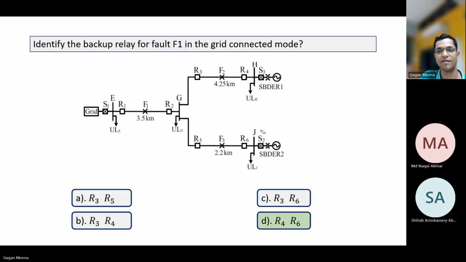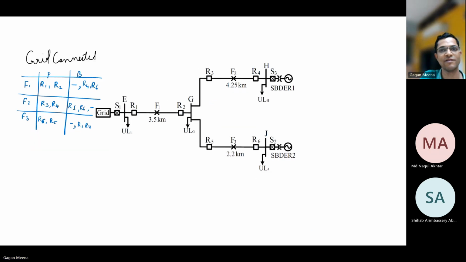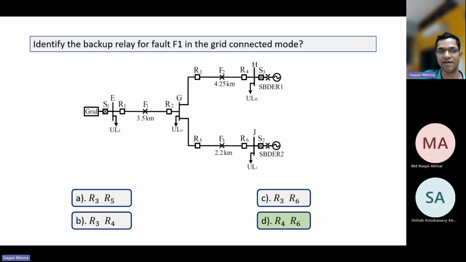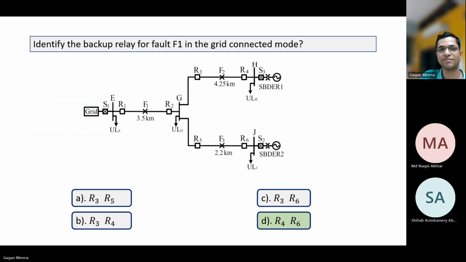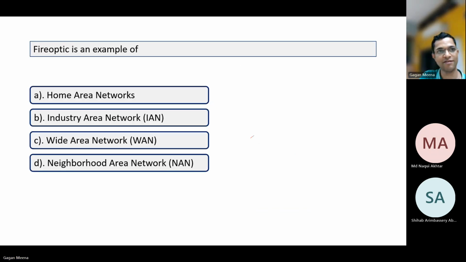Okay. So for F1 in grid connected mode, what was the question? Backup relays. So R4 and R6 are the backup relays. Fiber optic is an example of which type of network? It's an easy question based upon previous weeks.